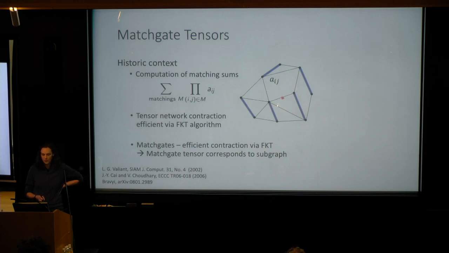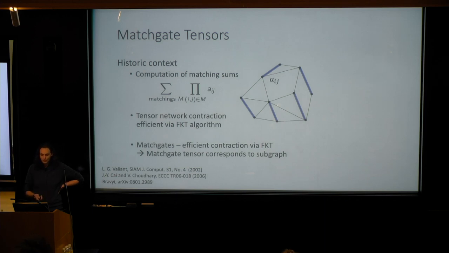A matching sum is a property of a graph. If you consider a graph with weighted edges, first of all, you can define what a matching of this graph is. To a physicist, that would just be a dimer covering. You find a covering of edges in such a way that all the vertices are covered, but no vertex is covered twice.